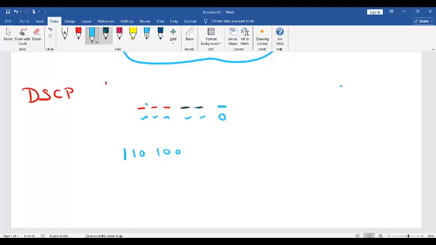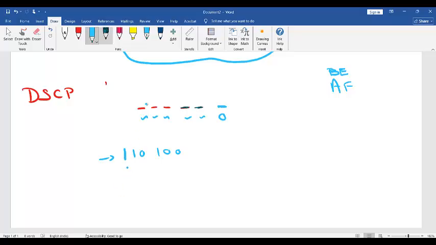We have a term called assured forwarding. What is assured forwarding and what is best effort? Best effort is all zeros. That is best effort. Assured forwarding is this. This is what assured forwarding marking is.